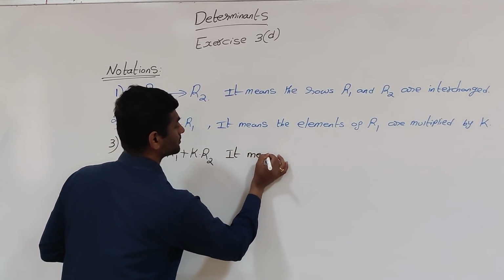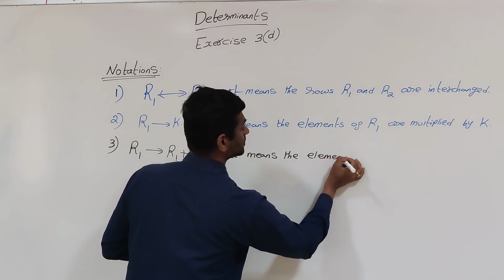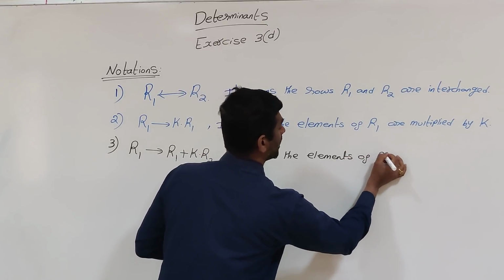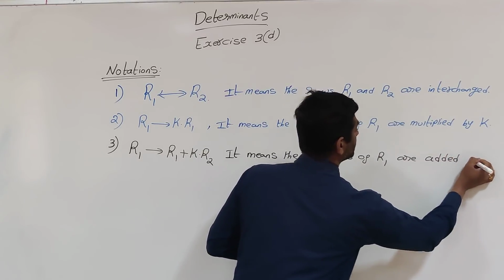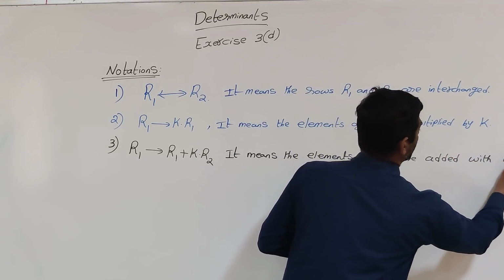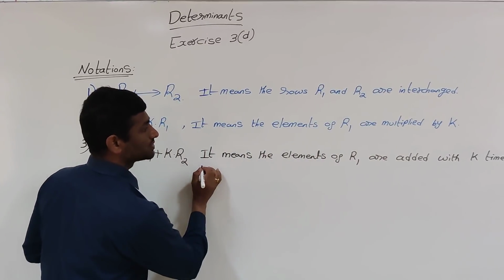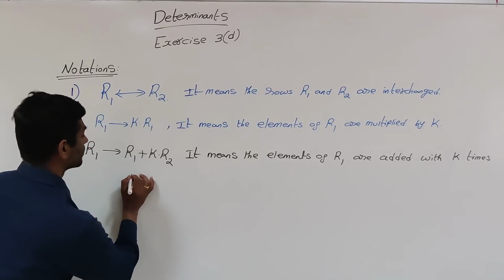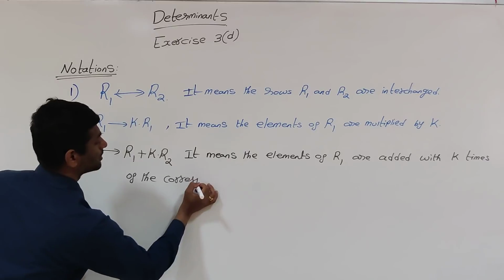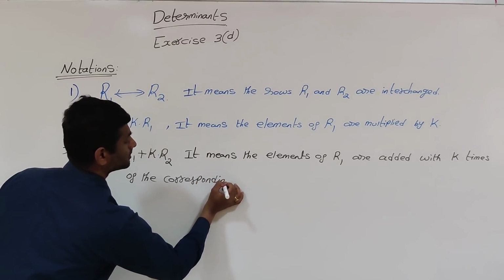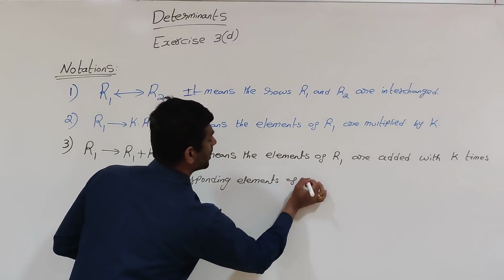It means the elements of R1 are added with K times, where K is any scalar, K times the corresponding elements of R2.